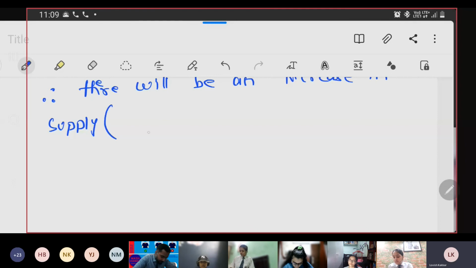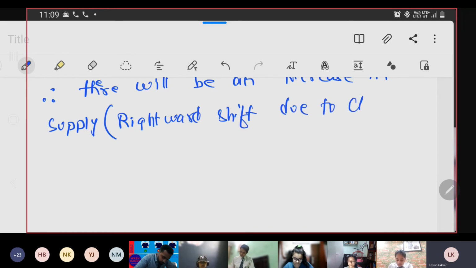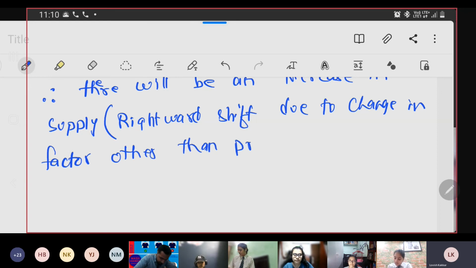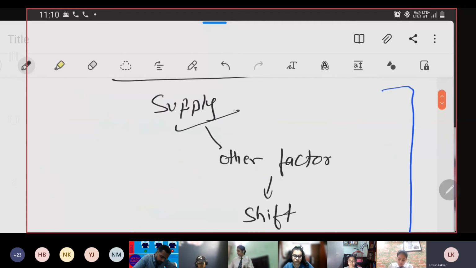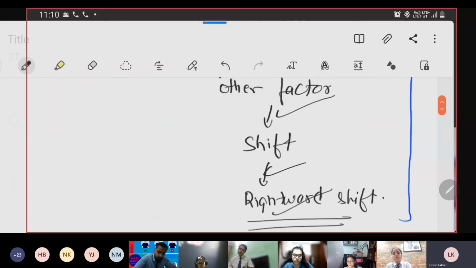Please do mention this in the bracket, that increase in supply would be a rightward shift, due to change in factor other than price of the good. This is what we discussed till here, that there will be change in supply because of other factors. There will be a rightward shift in supply.